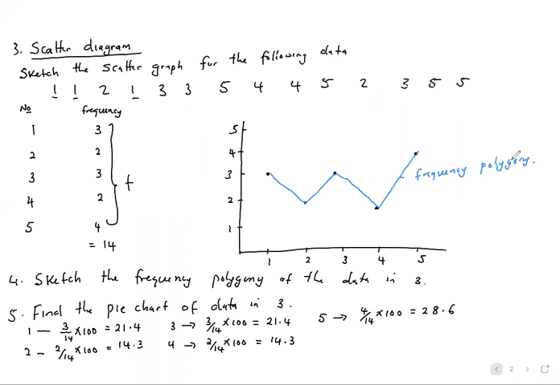So just the total 14 becomes the total. And now you start doing 3 out of 14 by 100, 2 out of 14 by 100, 3 out of 14 by 100. And then you notice that when calculating, when you do 3, the next one you don't even need to calculate, you just write the percentage.